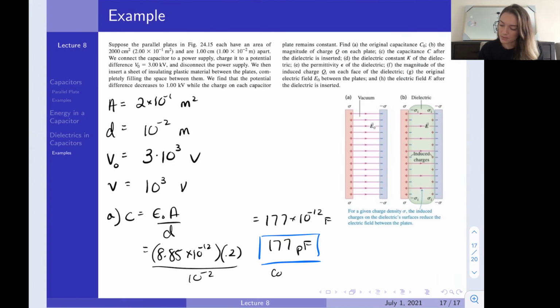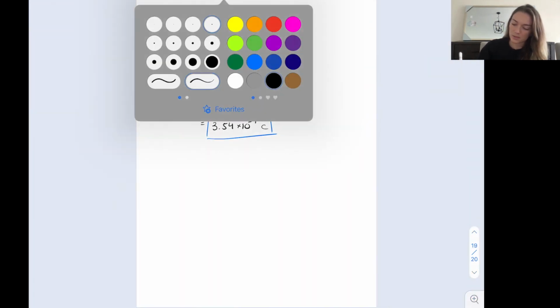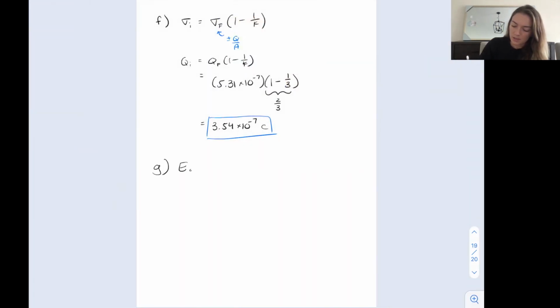Okay, so we found part F. Now part G, the original electric field between the plates. There are a bunch of different ways you could do this. I think the easiest way, remember, the potential between the plates is just the electric field times the distance.